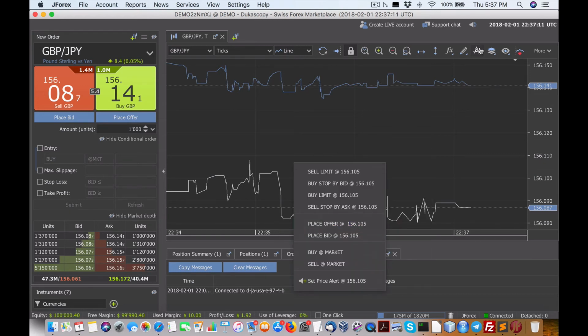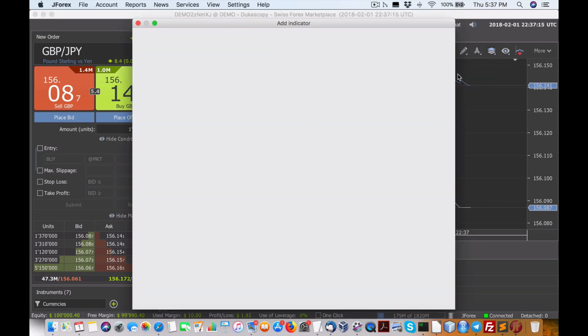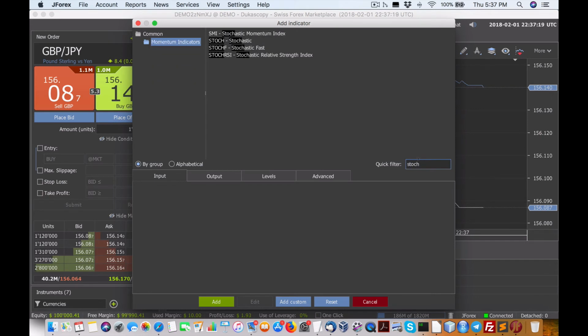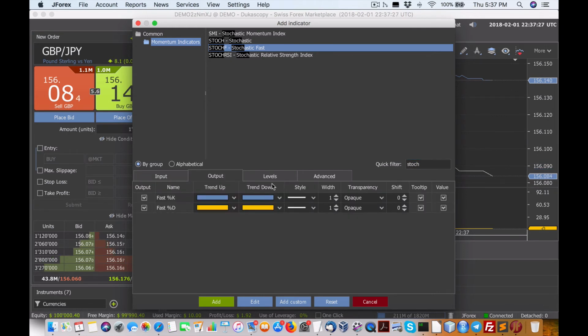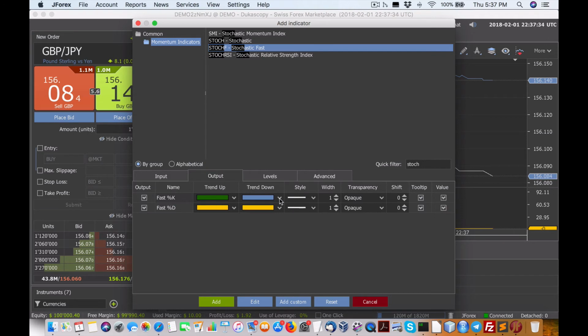Okay, let me just try adding another indicator. So we did that. Stochastic fast. Okay, let's just change these line indicators here for the trend.